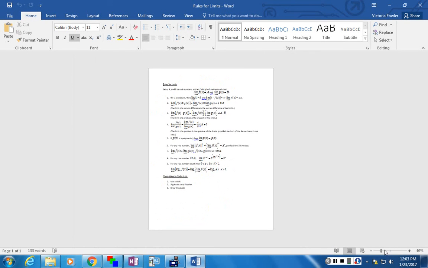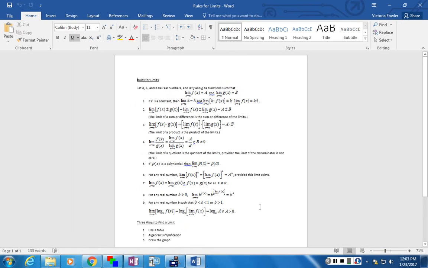And because this is a video, you'll be able to pause it, retrieve it. But here we have all the rules for our limits, and this can look quite intimidating at first, but it's basically saying, like, for example, number 4 is talking about rational functions. It's saying, look, if you've got a rational function, you can actually take a look at it as taking the limit as the numerator of this rational function over what you would have for the answer as a limit for the denominator of your rational function.